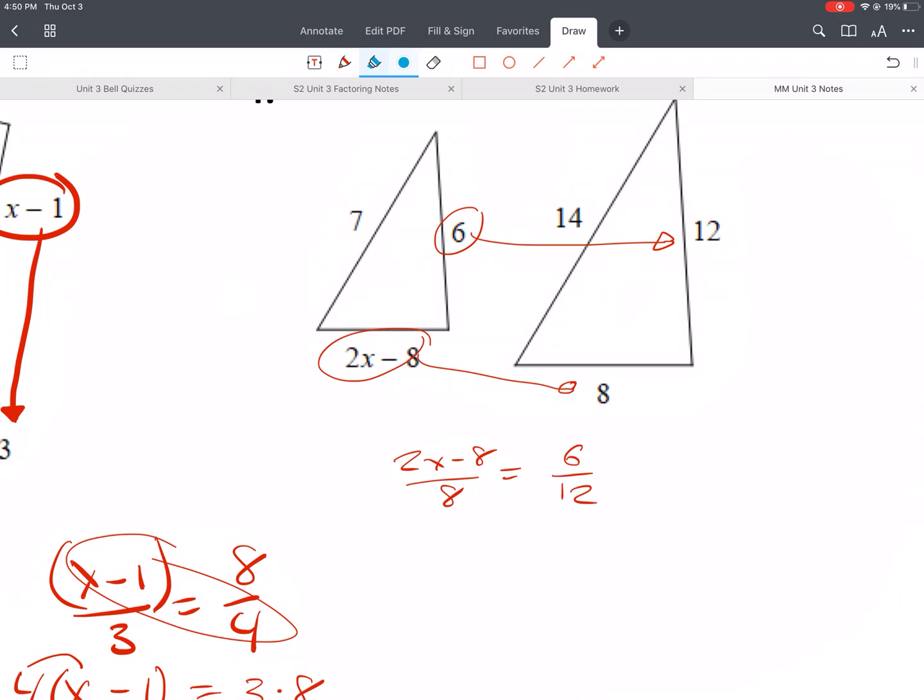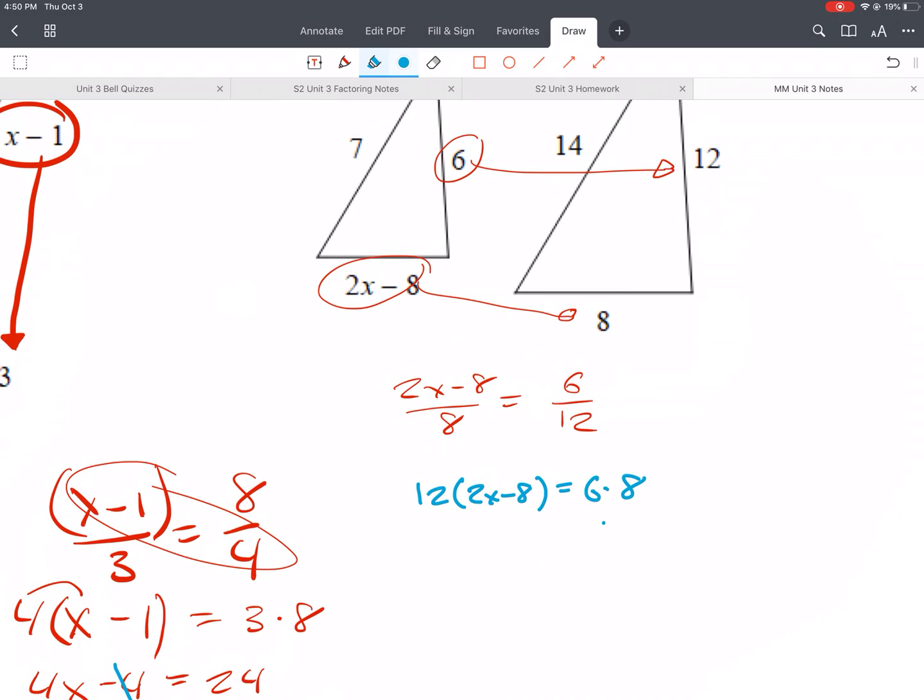Cross multiply, that would give us 12 times 2x minus 8 equals 6 times 8. 6 times 8 is 48. 12 times 2 is 24x. And 8 times 12 is 96, so negative 96.